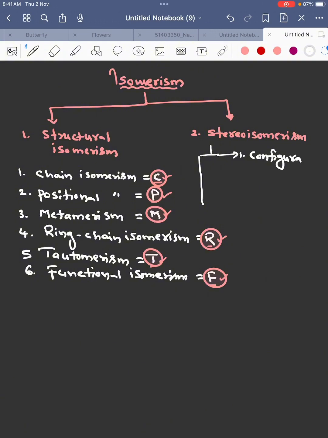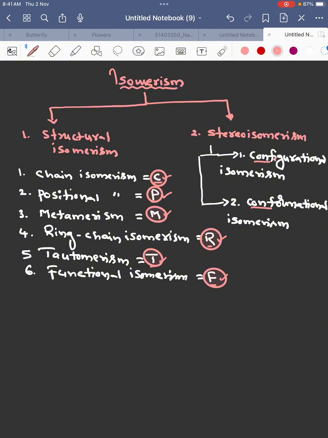Second is conformational isomerism. Here also there is a small trick: CONF is common, then we write according to alphabetical order.